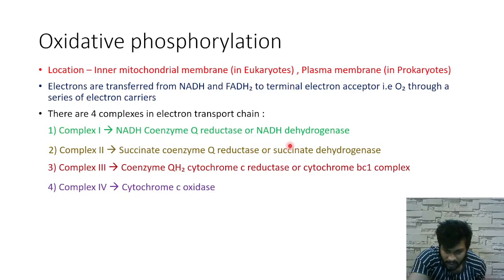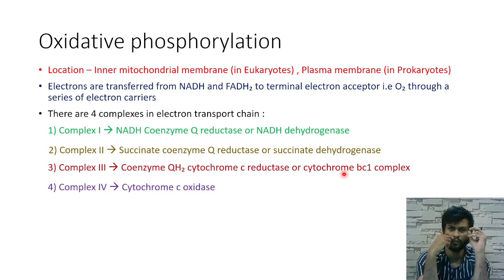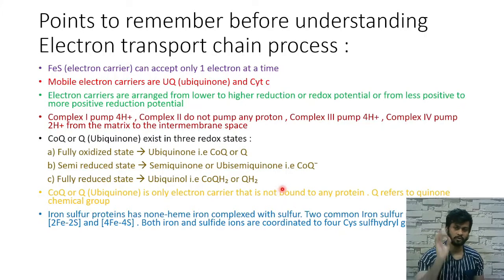Now a question was asked, I think in DBT or ICMR this year: which of the following enzymes is present in both the Krebs cycle as well as the electron transport chain? The correct answer was succinate dehydrogenase. So we should remember some important points before we study the electron transport chain.